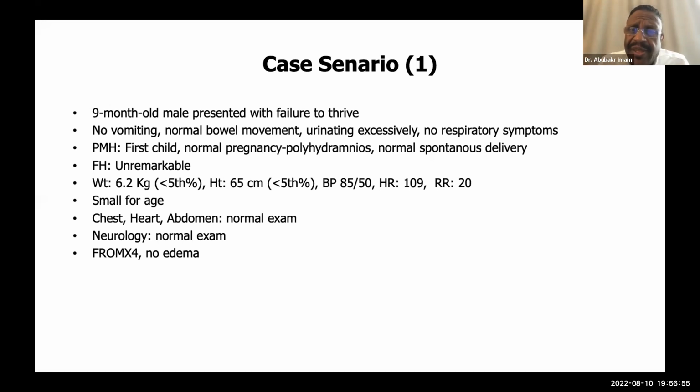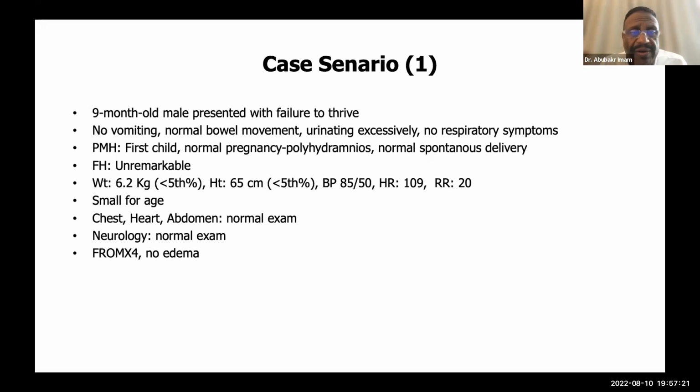While you're asking the history, in any child, especially in their first year of age, part of your history is the pregnancy. How was the pregnancy? Was it a normal pregnancy? Was it complicated by any problems with the baby, the fetus, at that time? Were there any polyhydramnios?